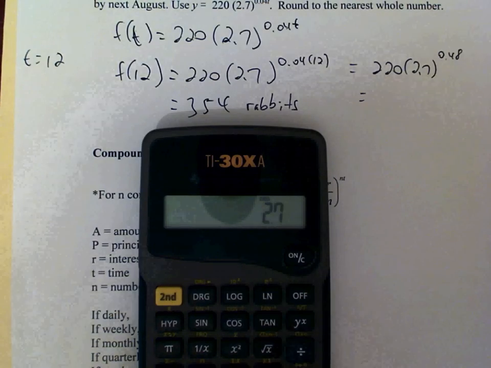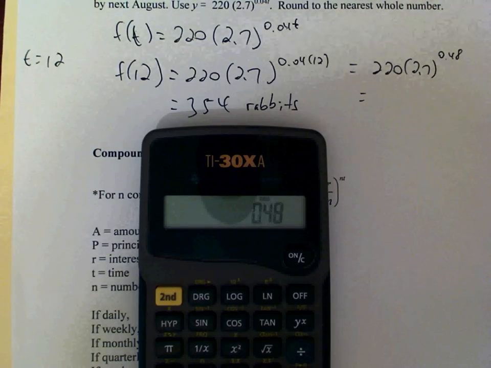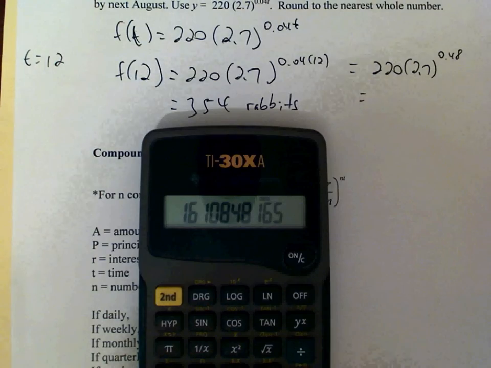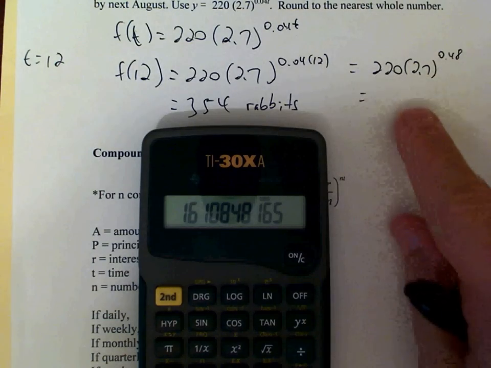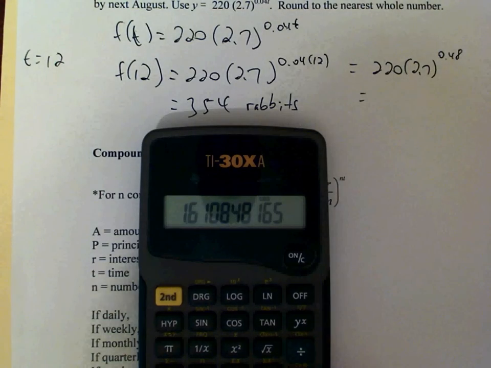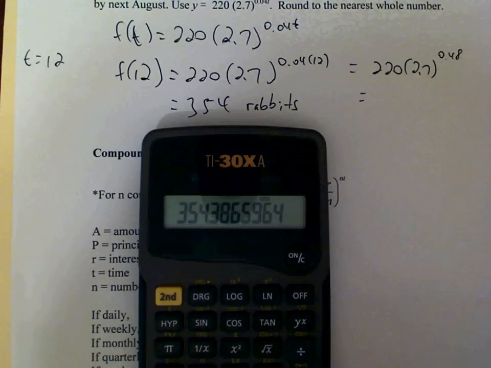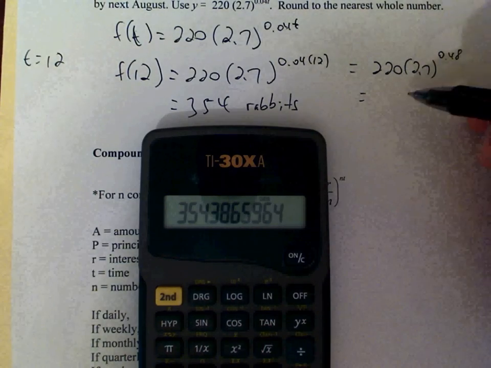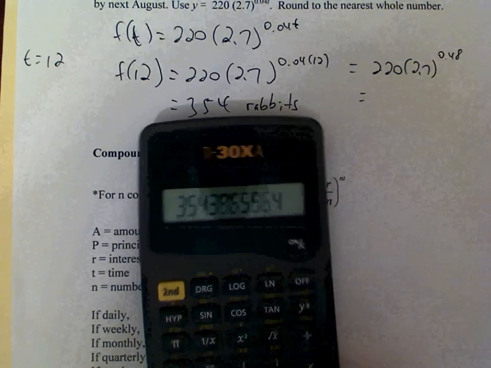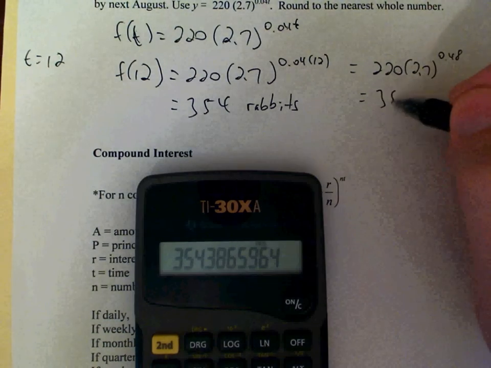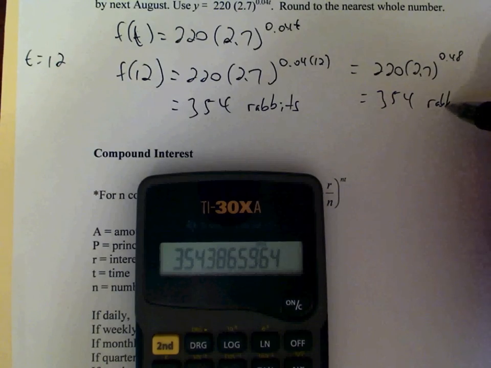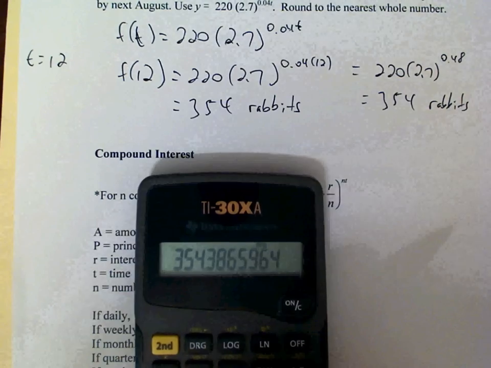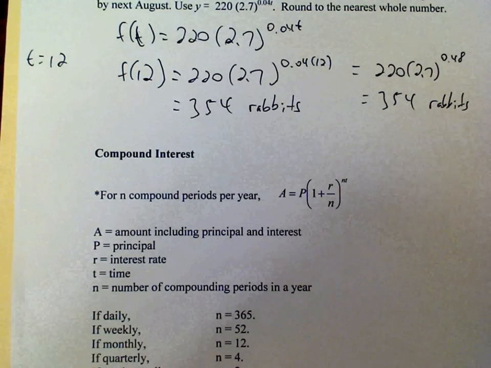So I'm going to raise that to the 0.48 power, hit equals. Then I'm going to times that by 220. I'm following the order of operations, in case you're wondering. So times 220. And we also get 354 point blah blah blah, but to the nearest whole number, it still gives us 354 rabbits. So it's safe to say if you know how to use your calculator, you should be alright.